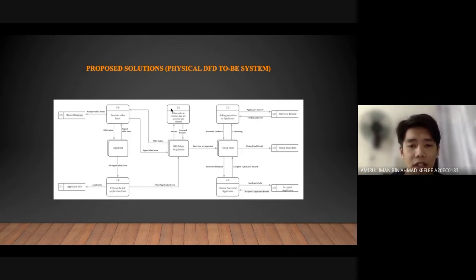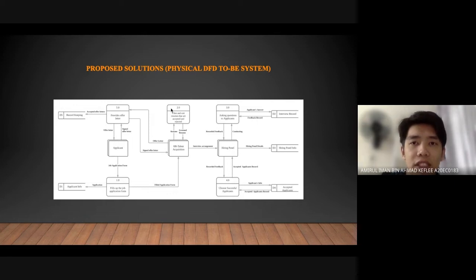From this picture, you can see there are five data stores that have been created. D1 is applicant info, which will store the applicant information form after the job applicant fully submits their form.